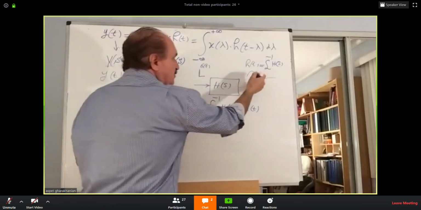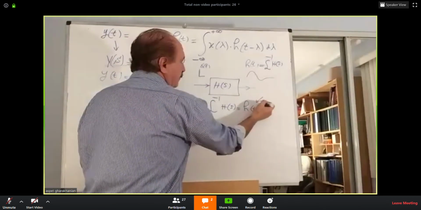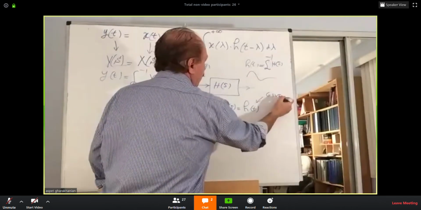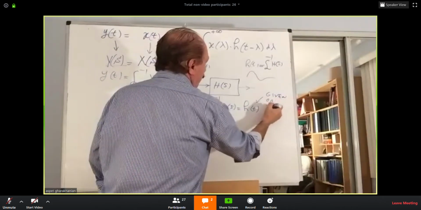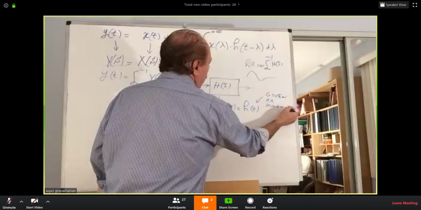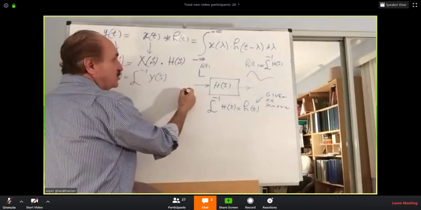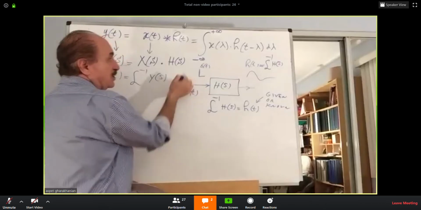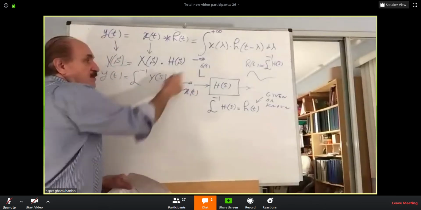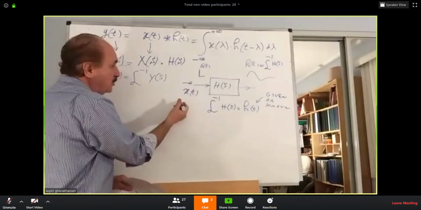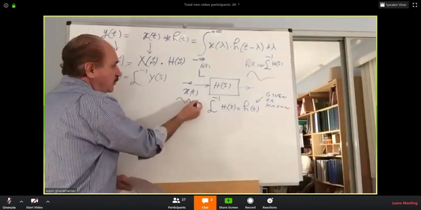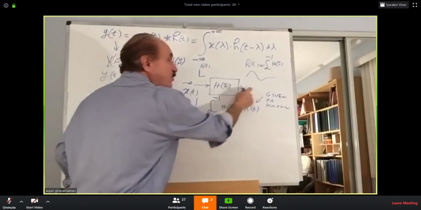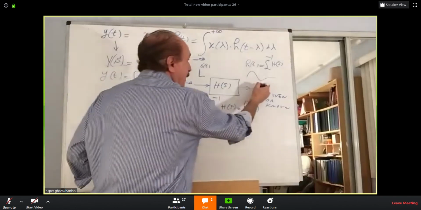If you have this given, or known, and you apply a function such as x of t at the input, instead of the impulse, a general purpose voltage you apply to the input, we want to know what will be the output, this output, y of t.